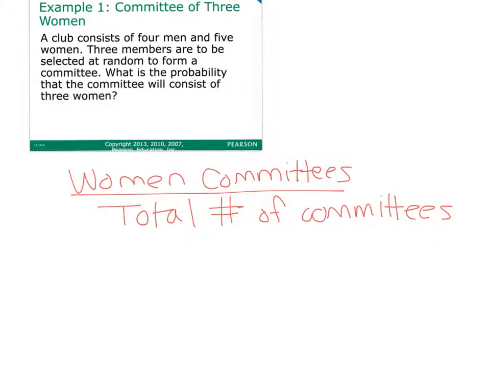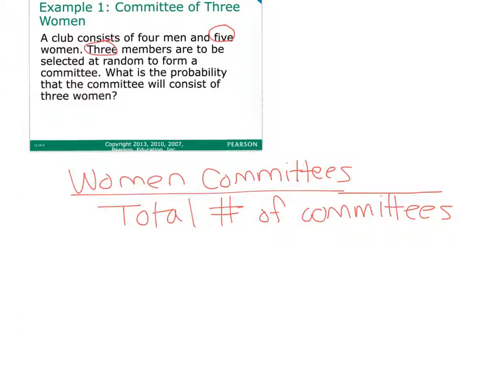So in this situation, order does not matter because the positions are not ranked, so you're going to use a combination. So in order to figure out the number of total women committees, you first have to find the total number of women. There's 5 women, and you're going to select 3 of the 5 women.